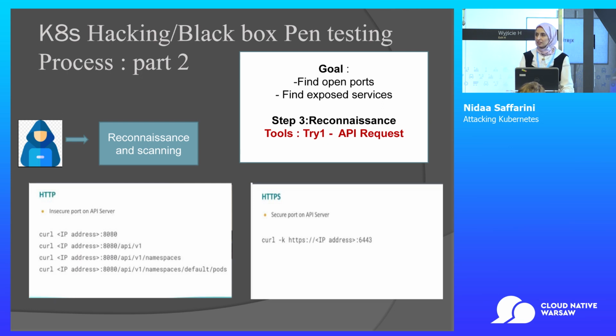Now the reconnaissance. We have to make a lot of tries to get information about your pod, about which service is exposed, HTTPS or HTTP, and not only these tries, we have a list of tries. Maybe if I can't find it in one API, I can find it in Metrics, maybe I can find it in Helm. So I can use multiple API requests to collect information about the pods and the services that you have.